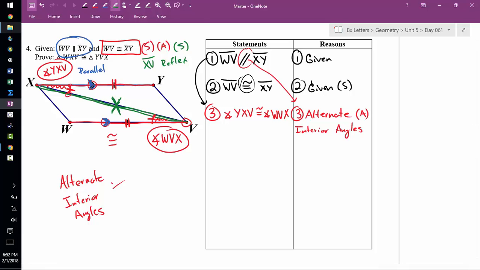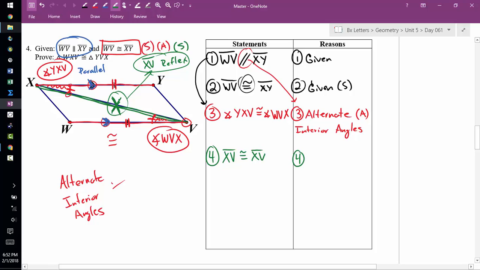So I'm going to keep on going. I'm going to take a look at my diagram and I see, oh, this is that reflexive thing, right? X marks the spot. So XV is the same as XV itself. And my reason for saying that is, well, that's the reflexive property. And that's my third fact.